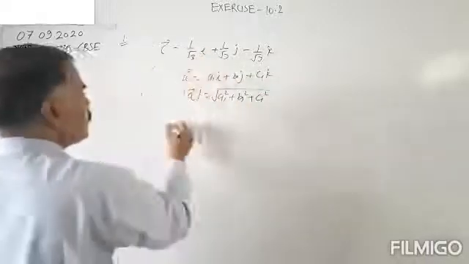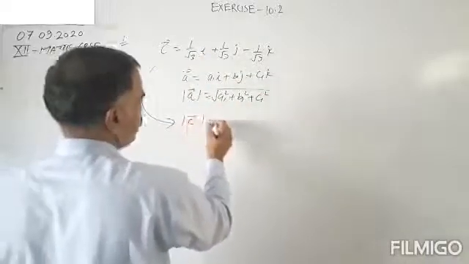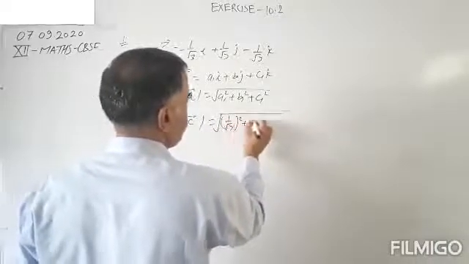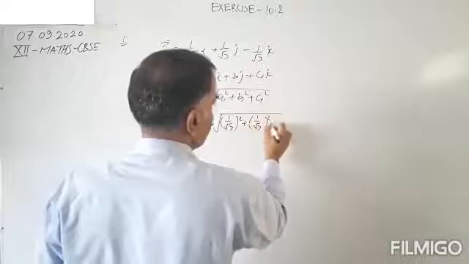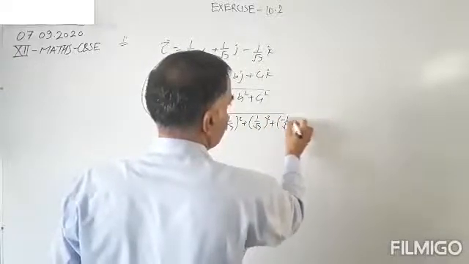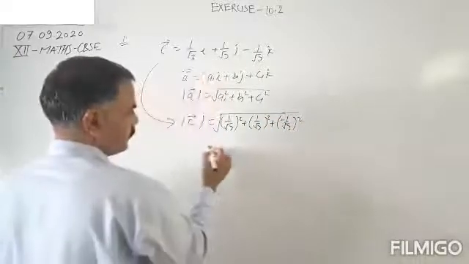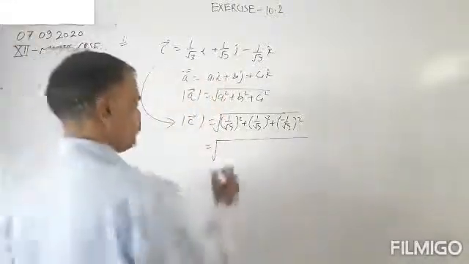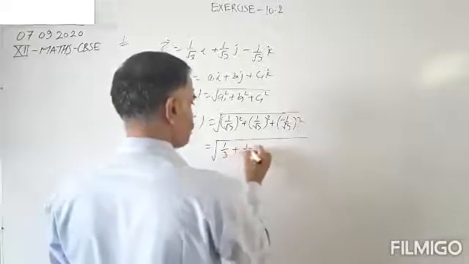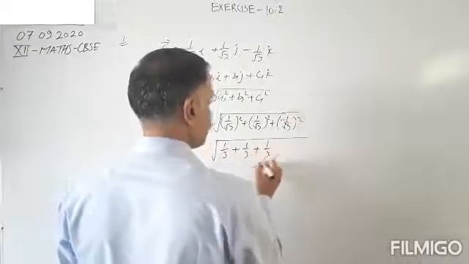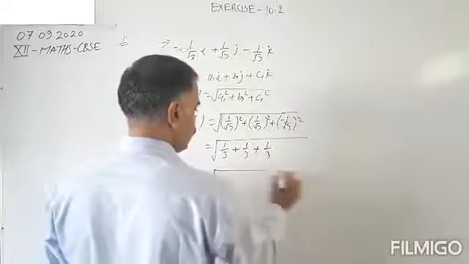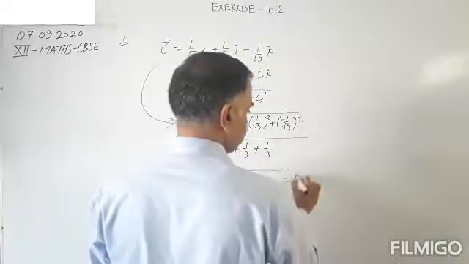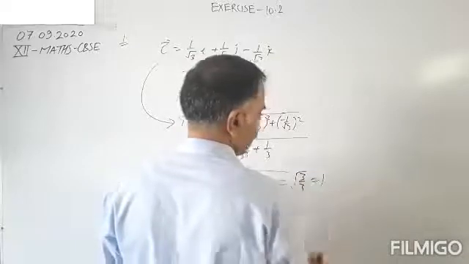So magnitude of this vector is equal to (1 upon under root 3) square plus (1 upon under root 3) square plus (minus 1 upon under root 3) square. Okay, so this is equal to under root 1 upon 3 plus 1 upon 3 plus 1 upon 3, taking 3 as LCM, 1 plus 1 plus 1 is 3 upon 3, which is equal to 1.